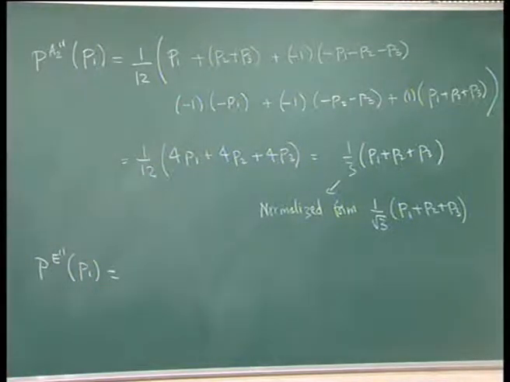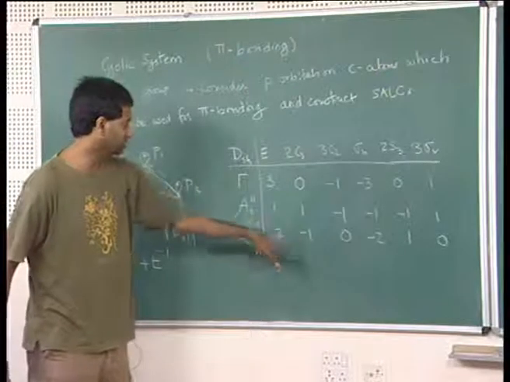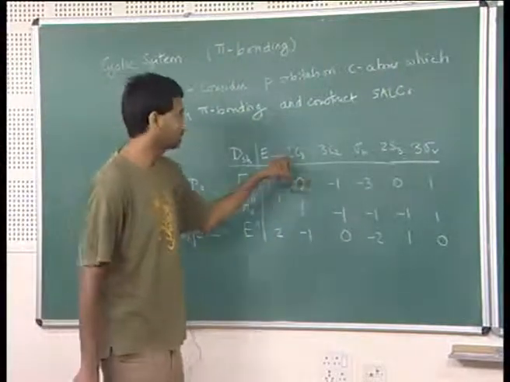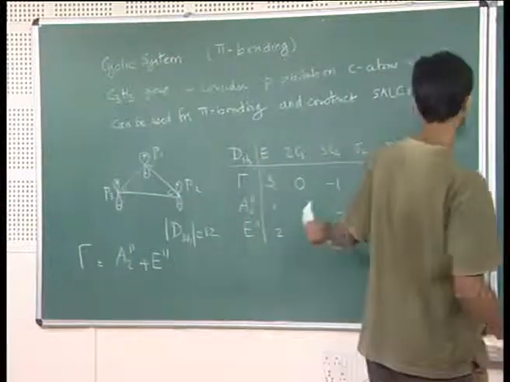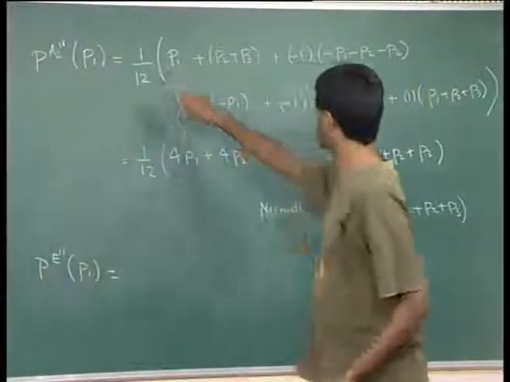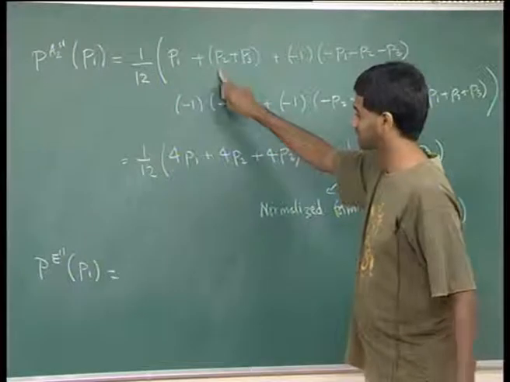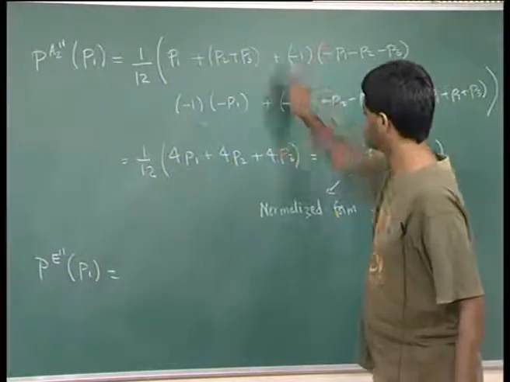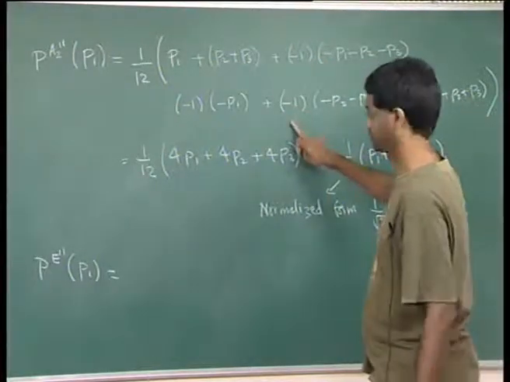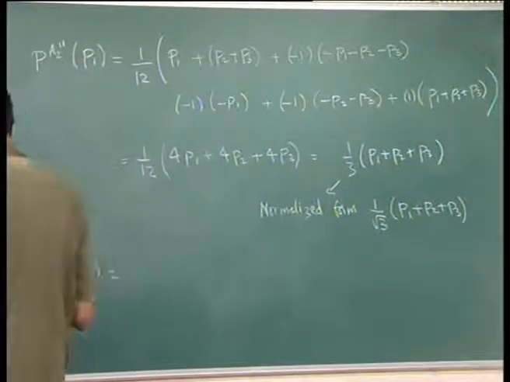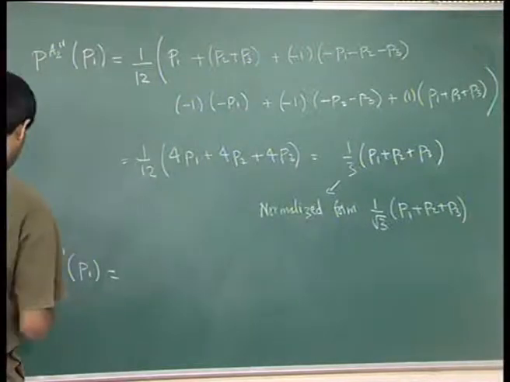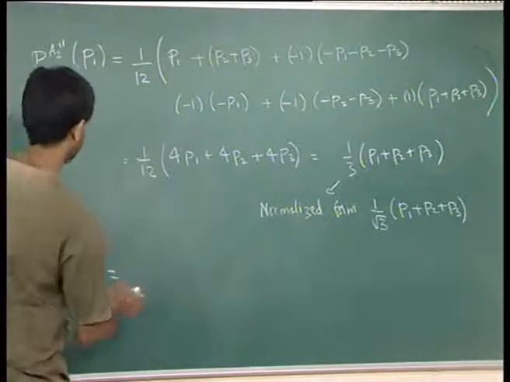And you can see how each of these characters operates on these matrix elements, but it's not hard to show. You'll just have a 2 here, minus 1 here, a 0 here, minus 2, 1 and 0.